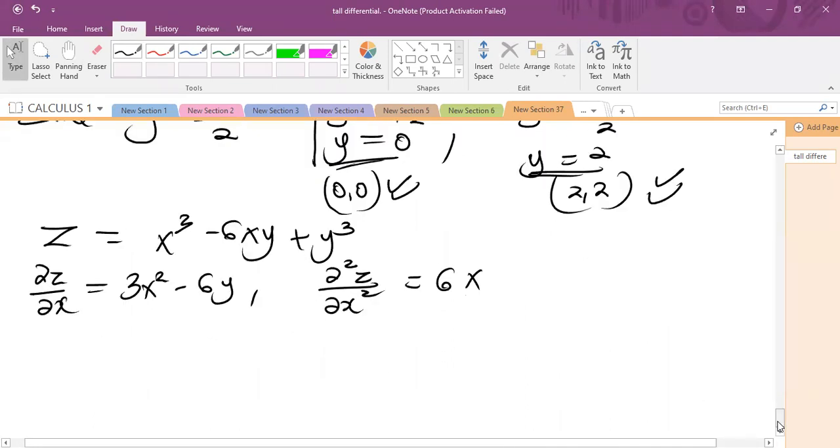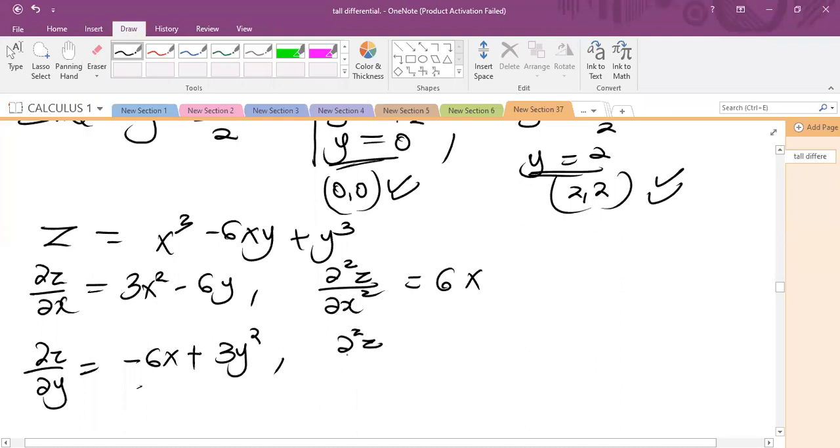Now, differentiating with respect to y, what is ∂z/∂y? This will be minus 6x plus 3y squared. Then we differentiate again with respect to y. The first term is treated as a constant, so it will be 0. Differentiating the other, we will have 6y.